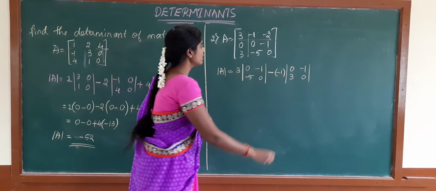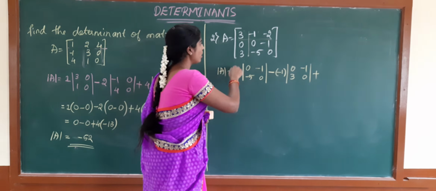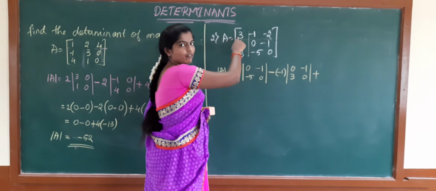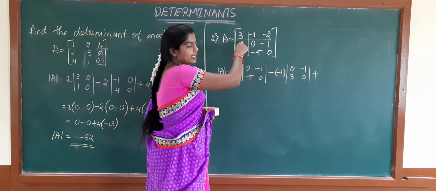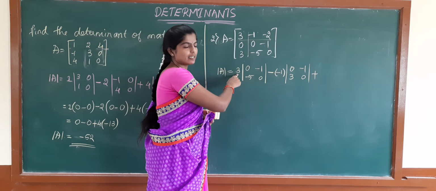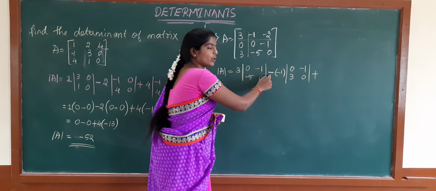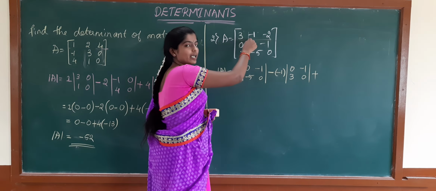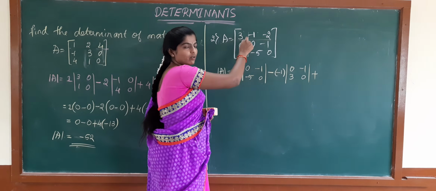Next we have to take plus. Here the first row first column element, we do not need to take. Whether it is plus or minus, the next step is to find the determinant. Next we have to take minus, then the first row second column element.